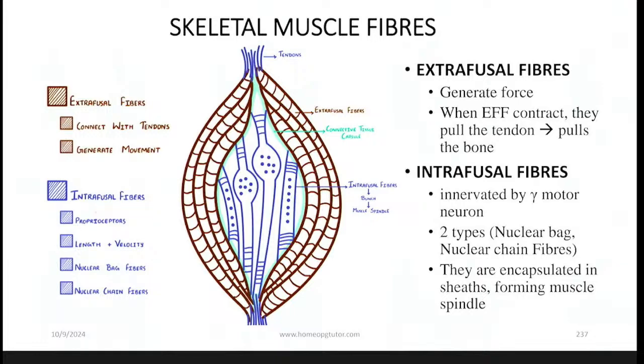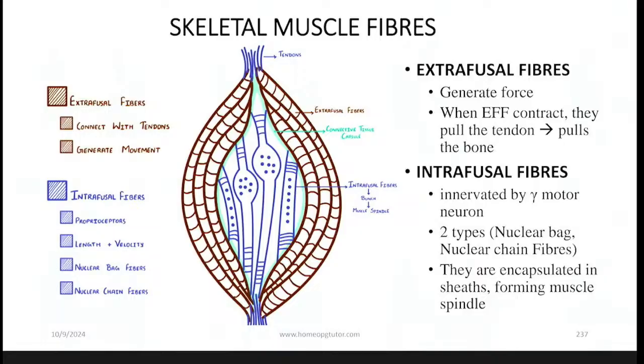Extrafusal muscle is the abundant one and it makes up most of the skeletal muscle. The extrafusal ones attach to a tendon, and the tendon is attached to the bone. The extrafusal muscle generates movement; probably we can say they are used to generate force.